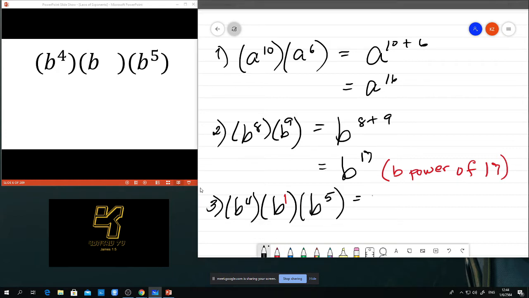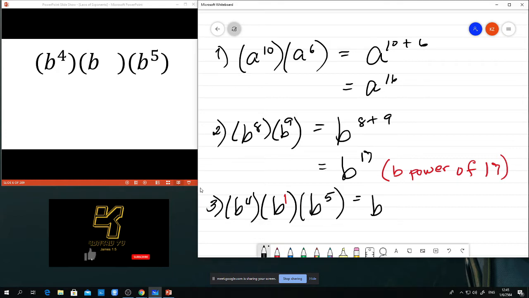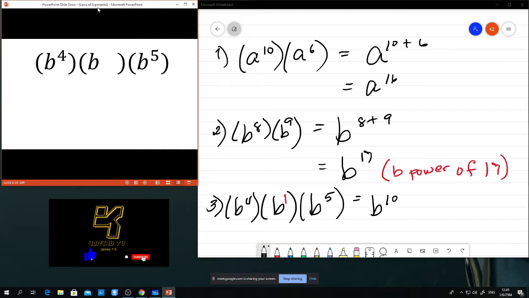I will not write in detail now because I believe that you understand it already. So we have 4 plus 1 plus 5, which is 10. b power of 10. Moving on.